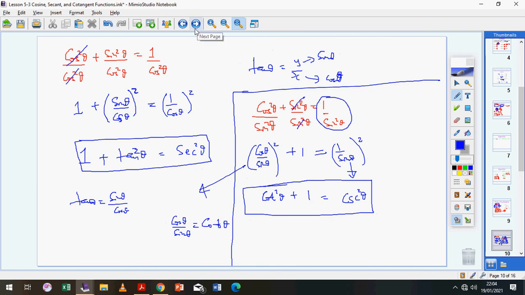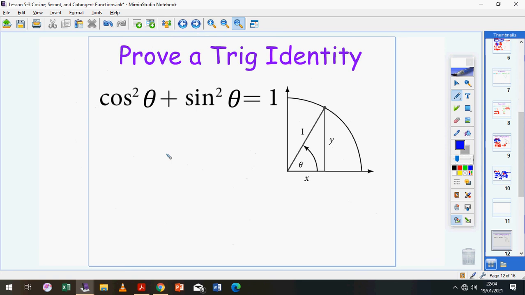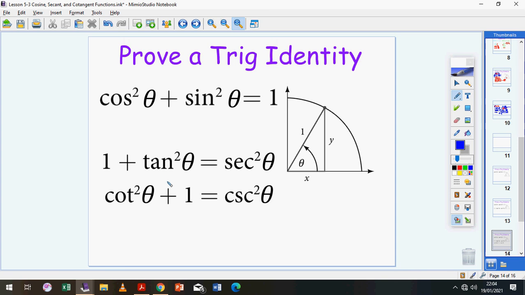It's going to be quite challenging for you to try to memorize them in the beginning, but with time, and as you use them more and more often, you'll see that they are quite easy to memorize. As long as you have this one down, because this is the one that produces these other two, you can just decide to divide by either sine or cosine to get to the other ones.